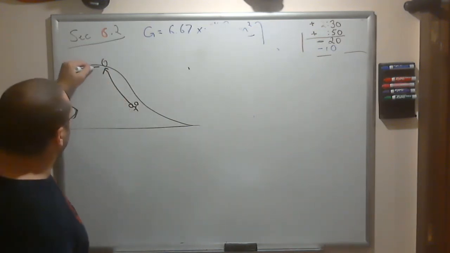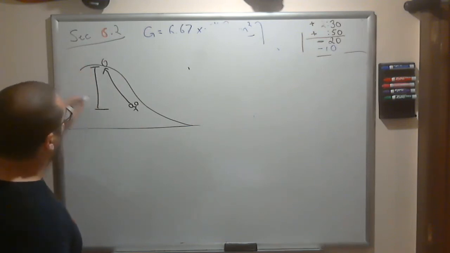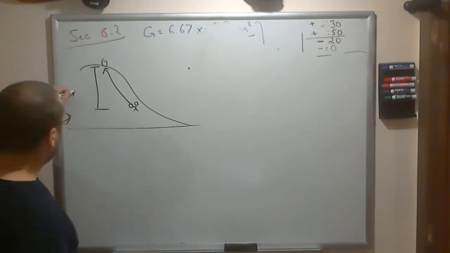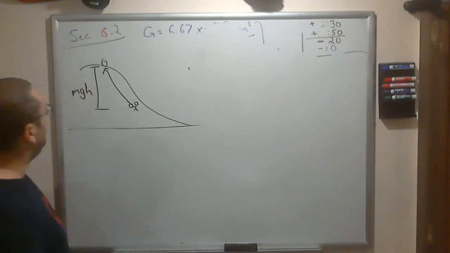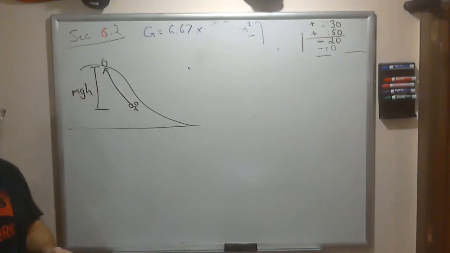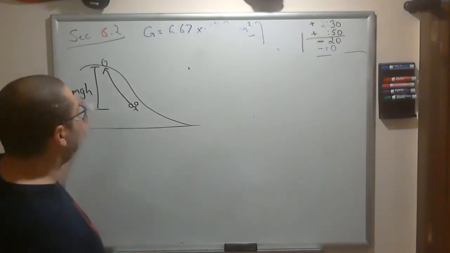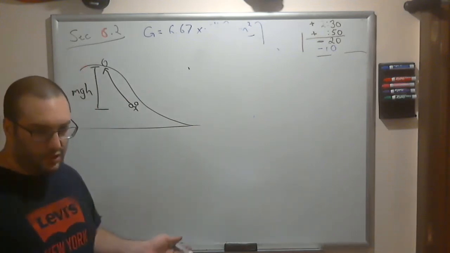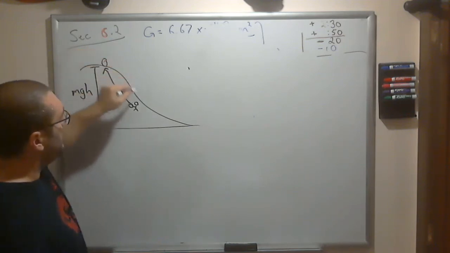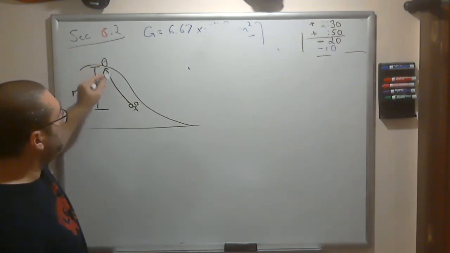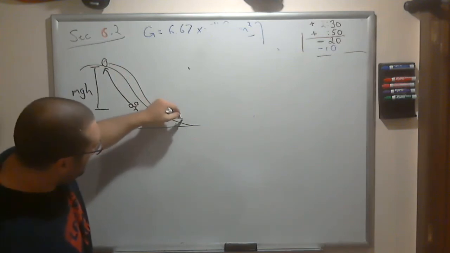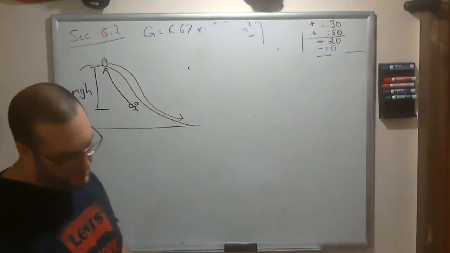The work that I do to bring the ball up here, we did this problem with the backpack, is just equal to mgh. That's the work that I give to the ball to bring it up here. Now this energy is stored in the gravitational field. We'll go into it more in a little bit. Now, if the ball rolls down this hill, it loses this mgh, and it becomes kinetic energy.